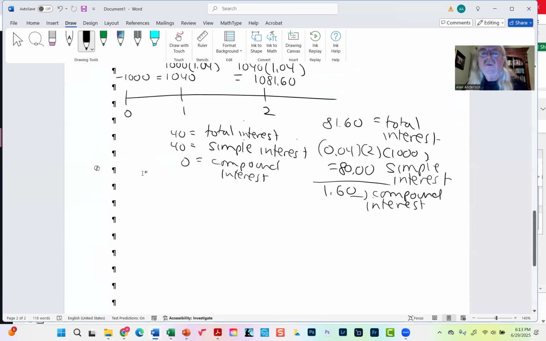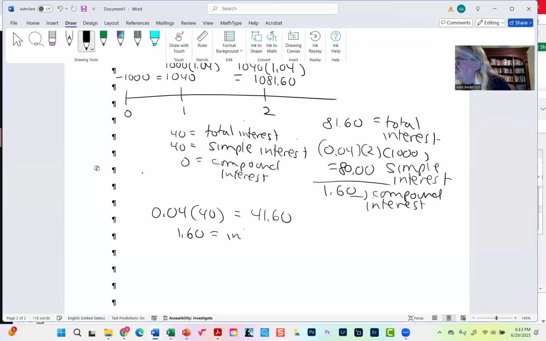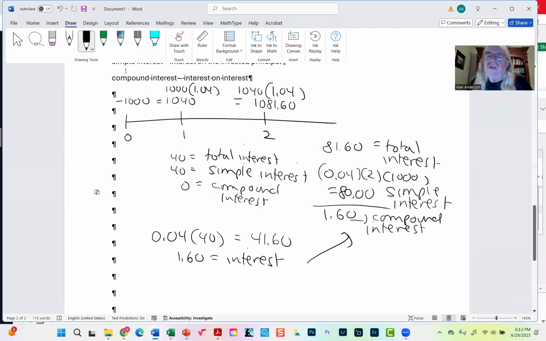Or if you're not sure, what you can also do is think of it as 4% of 40, the interest earned during year one, is, as you'll see in a second, what do you know? 41.60, which means 1.60 is the interest. And it is specifically the compound interest. So that last $1.60 is based on the $40 of interest we earned during year one.